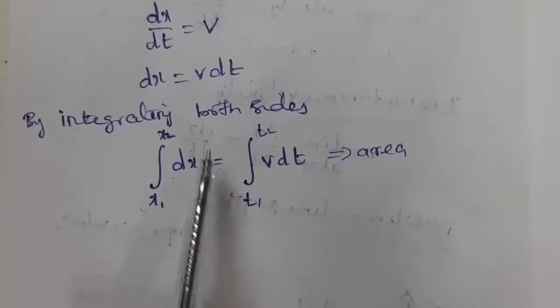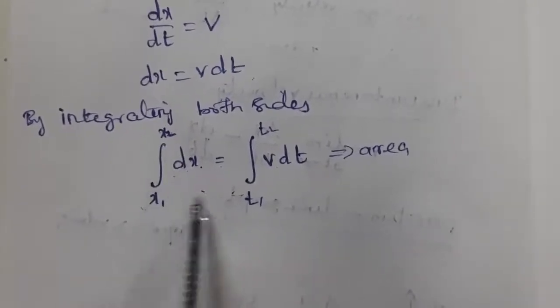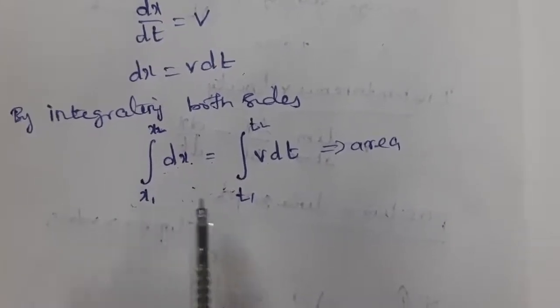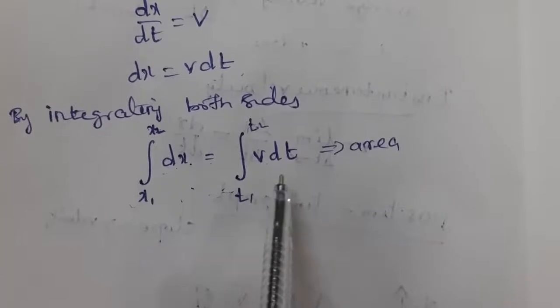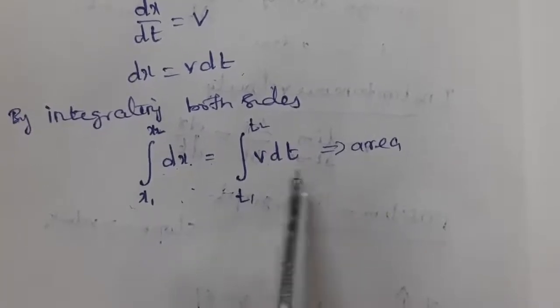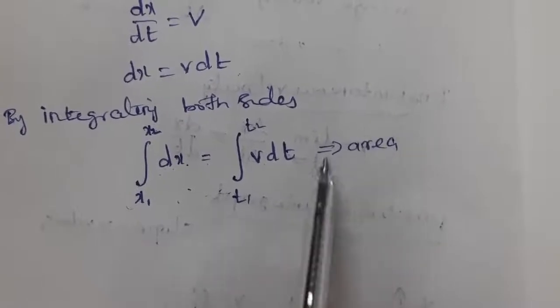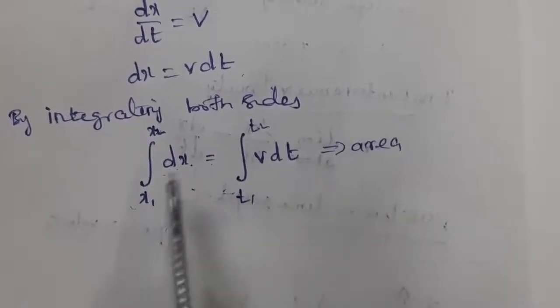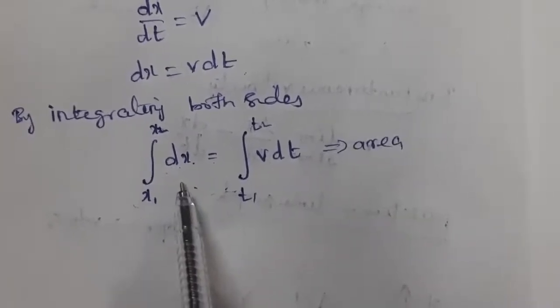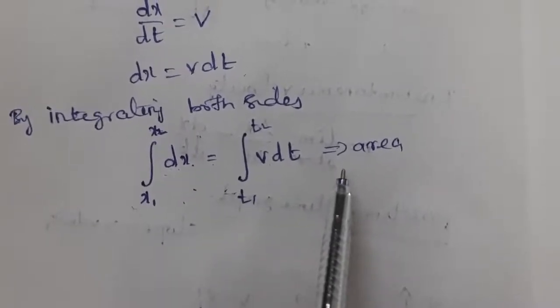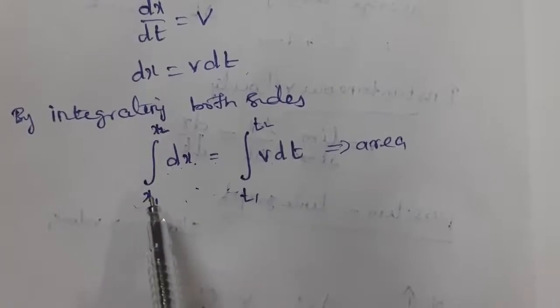Since the left hand side of the integration represents the displacement travelled by the particle from time t1 to t2, the area under the velocity time graph will give the displacement of the particle. If the area is negative, it means the displacement is negative, so the particle has travelled in the negative direction. If the area is positive, the displacement is in the positive direction.